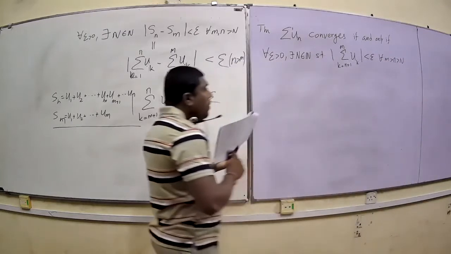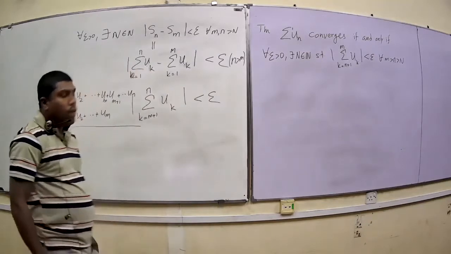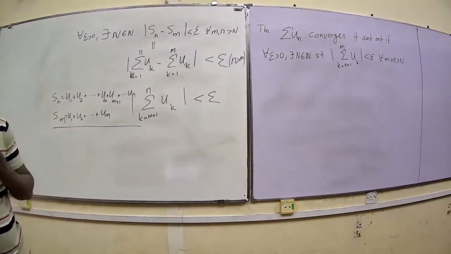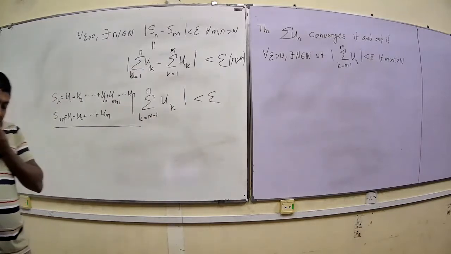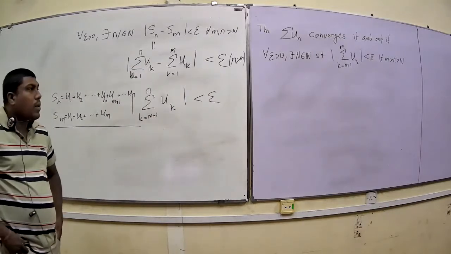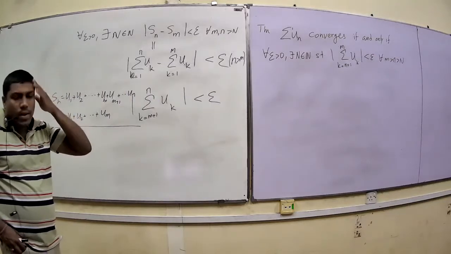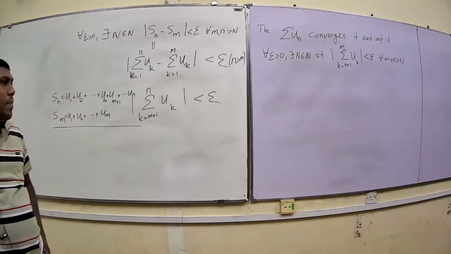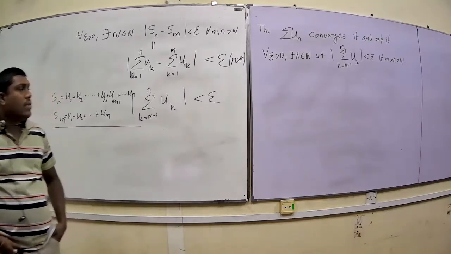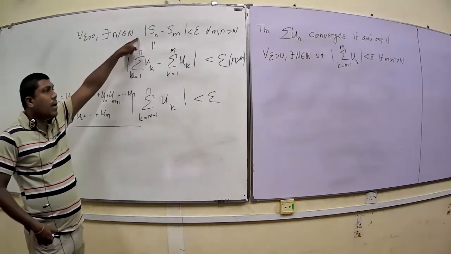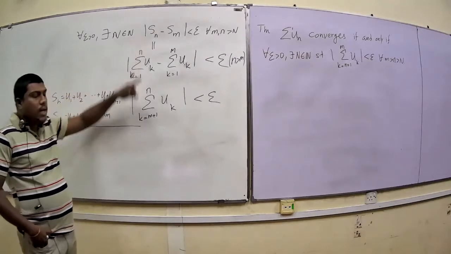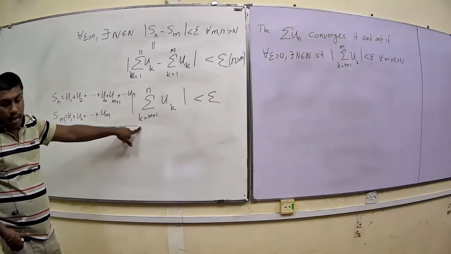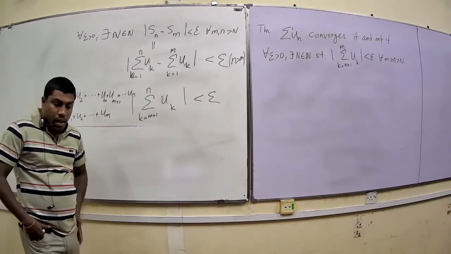If you assume m is greater than n, then you have this as the Cauchy criterion. This is about the convergence of the sequence. We have seen the results for sequences in chapter 2, and now we are going to do it for series. Now you see that the Cauchy condition of this sequence is basically equivalent to the Cauchy condition of this series.